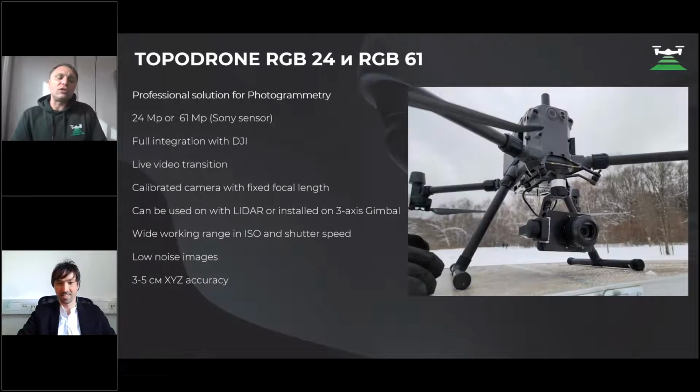And of course, we are looking for some high-resolution cameras, and we offer different kinds of solutions for enterprise drones. Like for DJI Matrice 300, we offer 24 megapixel and 61 megapixel cameras, which are totally integrated with the DJI system. You have a video link, and we specially designed these cameras to use for photogrammetry and together with the LiDAR systems. Why?